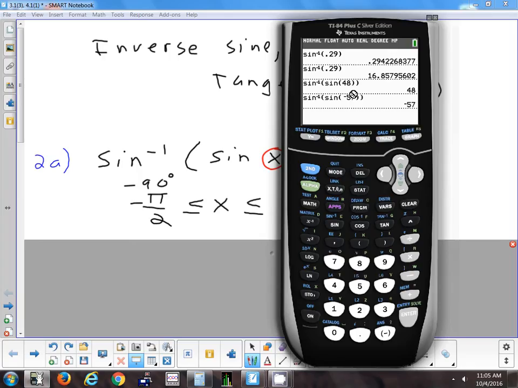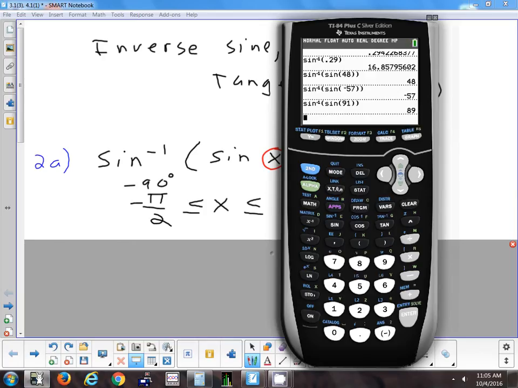Well, I said it only works between negative 90 and 90. Somebody give me an angle that's not between negative 90 and 90. 91, right on the edge. All right, so 91. If I plug that back in, you can see I do not get back the same answer I started with.